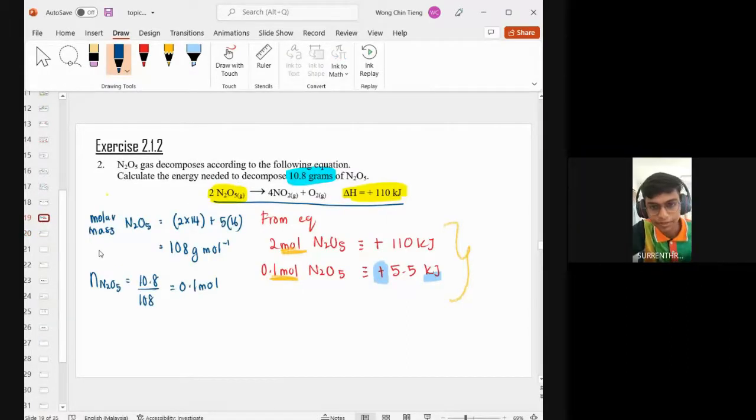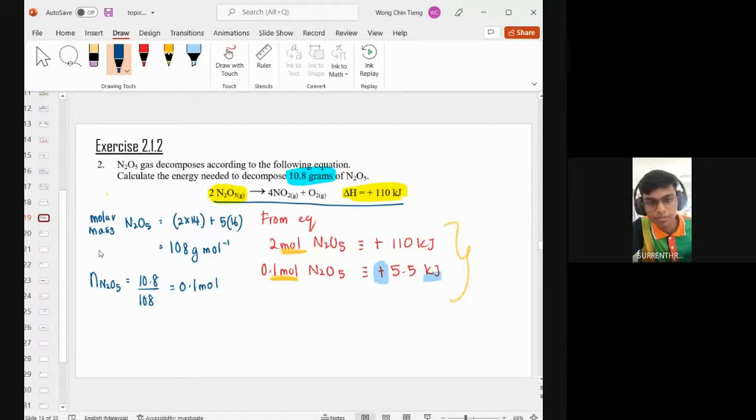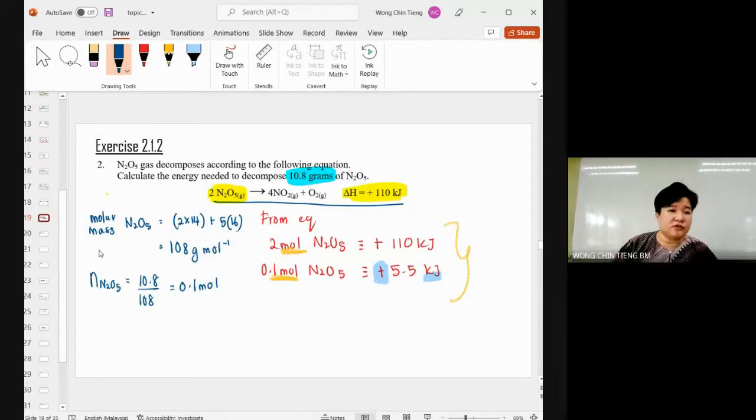Madam, I have a question. Why for some thermochemical equation, there's no kilojoule per mole behind the enthalpy of reaction? So the question is, when do we need kilojoule per mole? We will only need kilojoule per mole when we are comparing the thing to 1 mole.